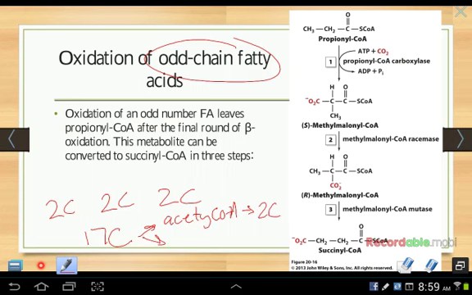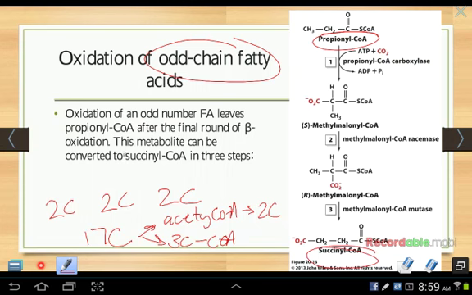And then we're going to have a 3-carbon long CoA called propionyl-CoA. So this can actually be utilized by the body, by the mitochondria, in order to make succinyl-CoA.